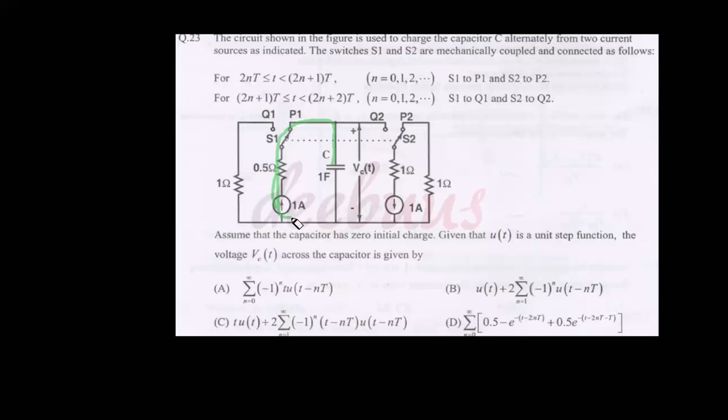But this connection S2 to P2 gives a closed circuit here. As there is no return path to this connection, there will not be any current flow in this way.